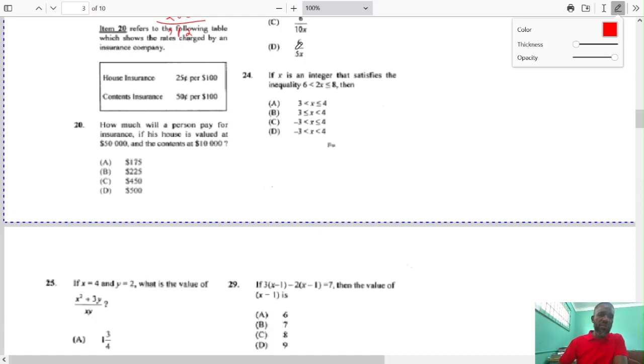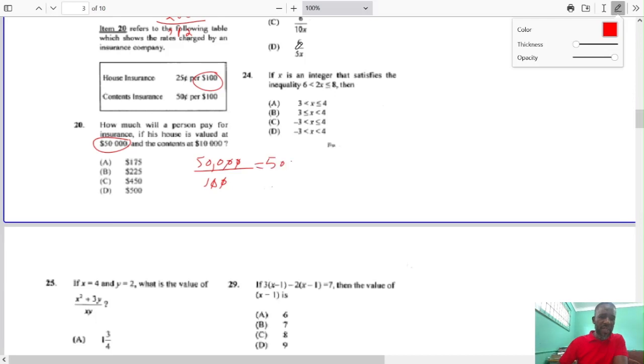So one of the first things we want to do, gentle people, is to find how many $100 is in 50,000. So we find that by saying 50,000 divided by 100. And I know some of you can look at it and say 500, but let's verify that. So 50,000 divided by 100 will give us 500.